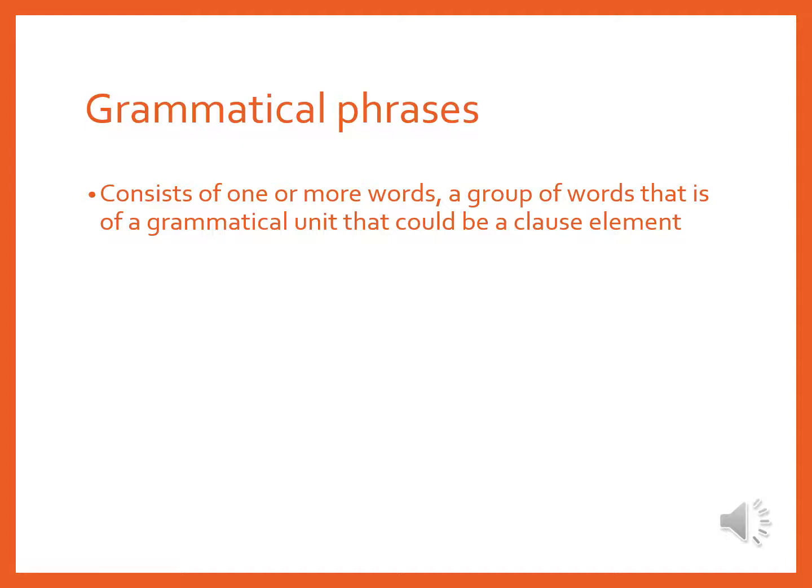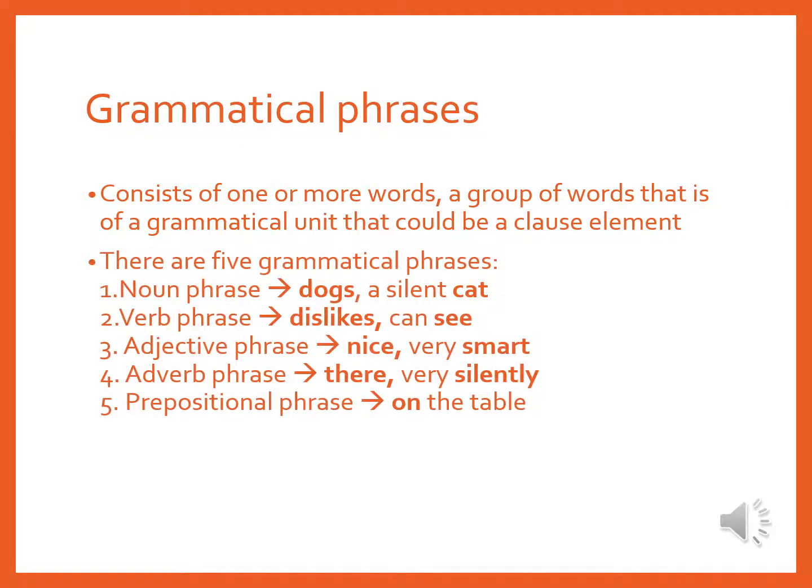All right, might be a little confusing at the start, but if we look at the phrases, there are different kinds of phrases. We'll talk about noun phrase, verb phrase, adjective phrase, adverb phrase, and prepositional phrase. And within each phrase, there is something that we call a head.